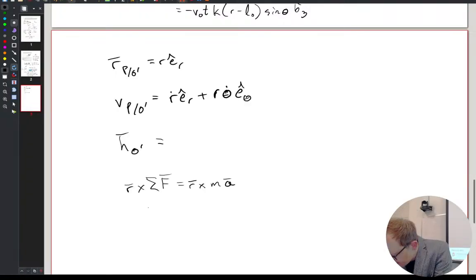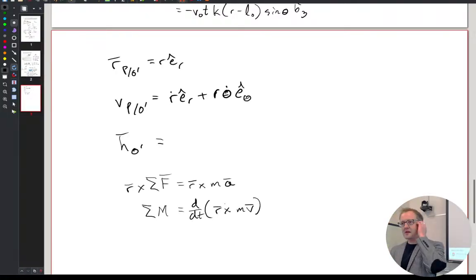So now the sum of the moments is the change in r cross m v. That was a very quick derivation, skipping a lot of steps, of what angular momentum is. This is h.